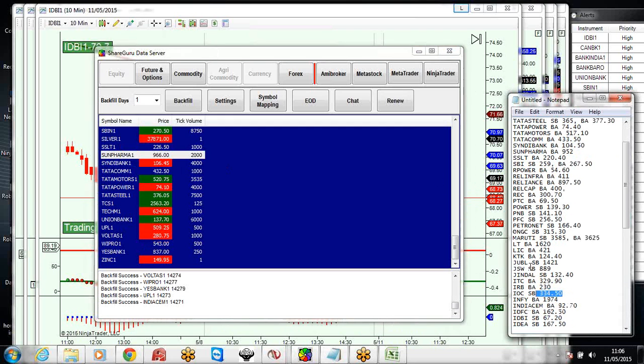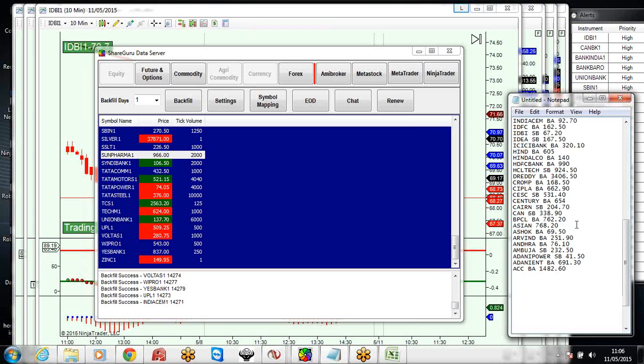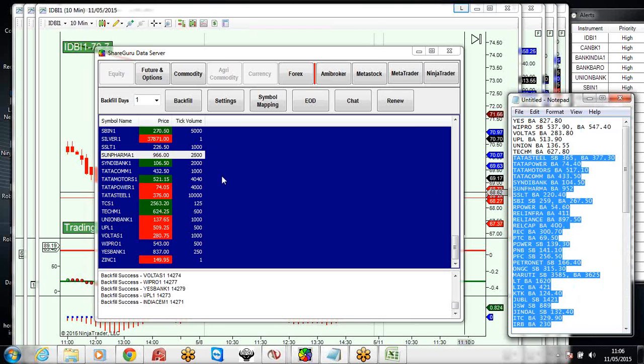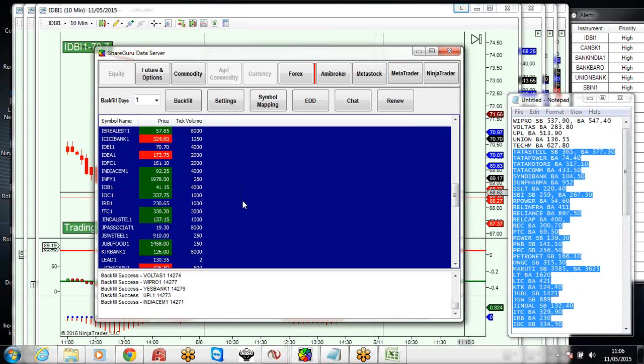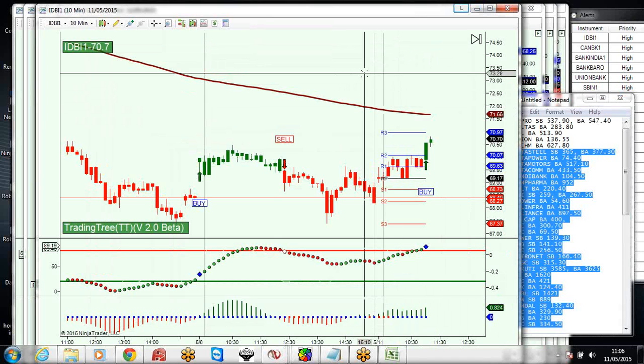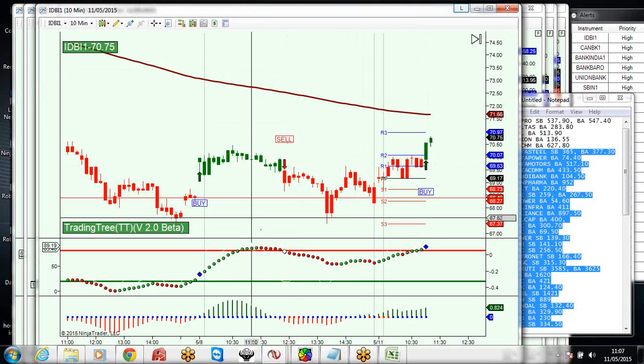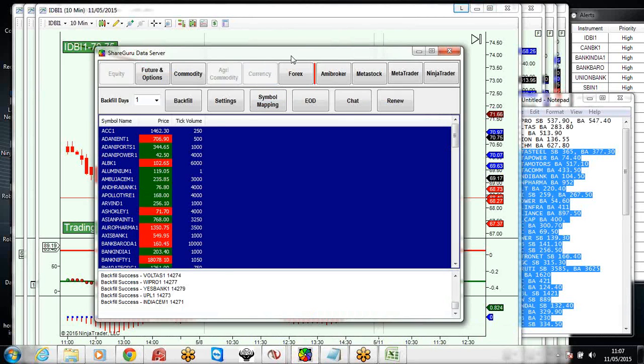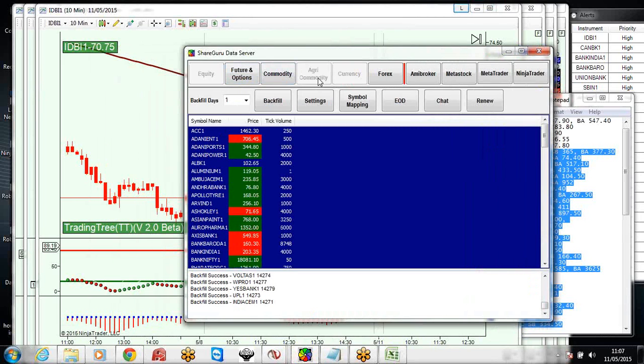So these are the prices that we actually plan to trade before the market opened, and these are the current prices. So you can trade in cash market, futures, commodity, agri, currency, and forex with this.